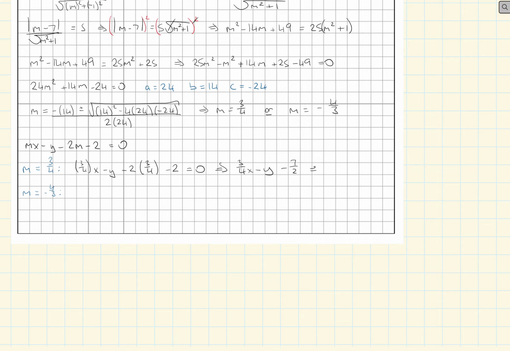Minus 7 over 2, and we can write in the form y equals mx plus c. So there's equation 1. The second equation, we get minus 4 over 3 x minus y minus 2 times minus 4 over 3 minus 2 equals 0. And again, rewrite in the form y equals mx plus c.